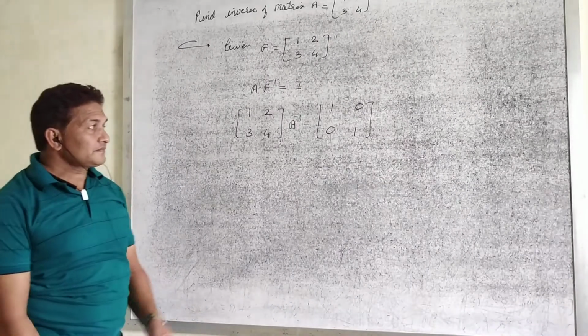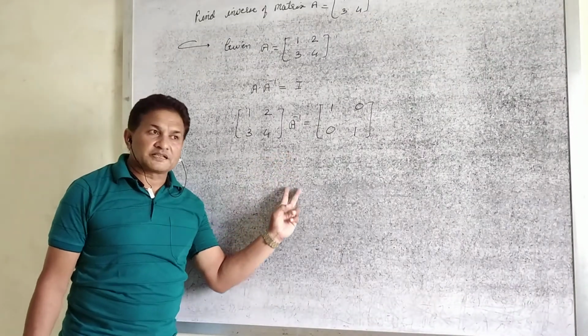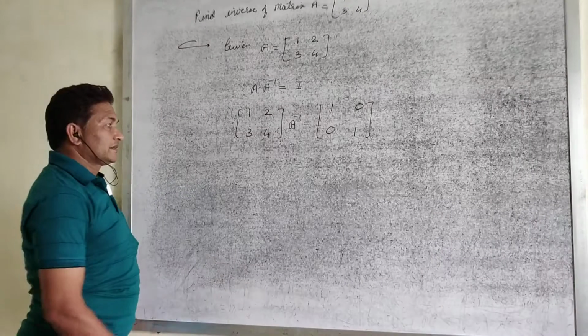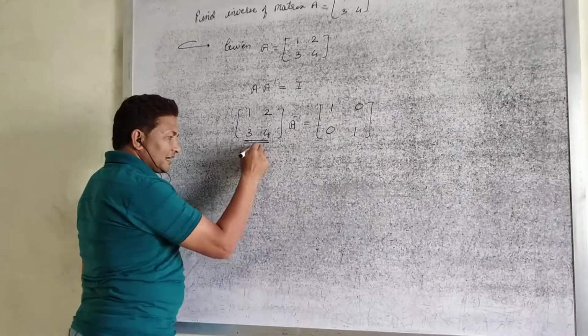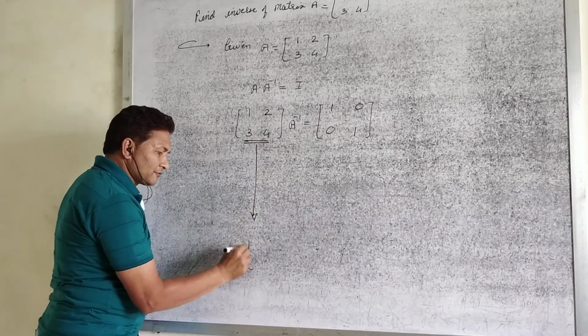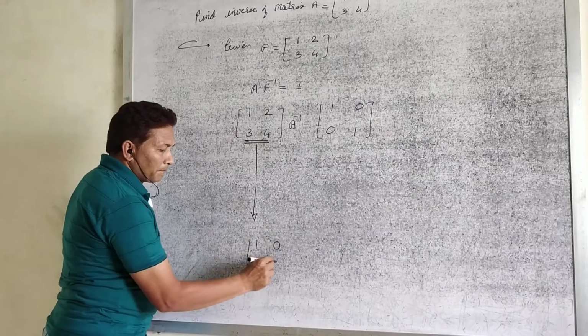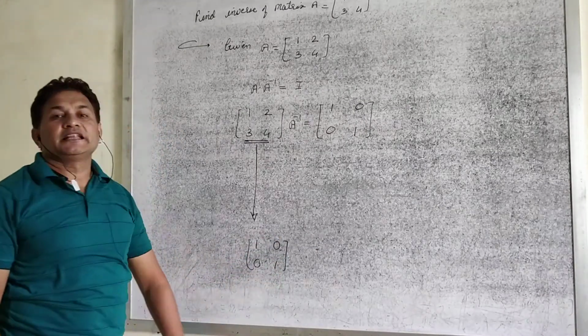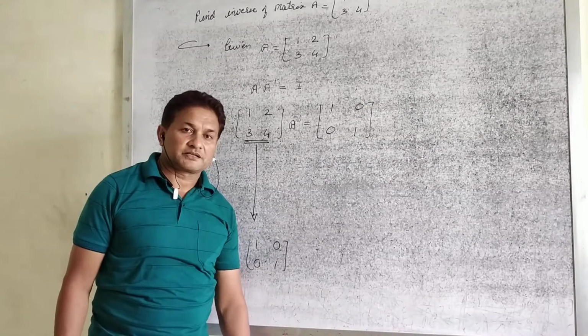Now, how does the process follow to find the inverse? This is matrix A. We convert this matrix into the identity matrix by using elementary transformation.